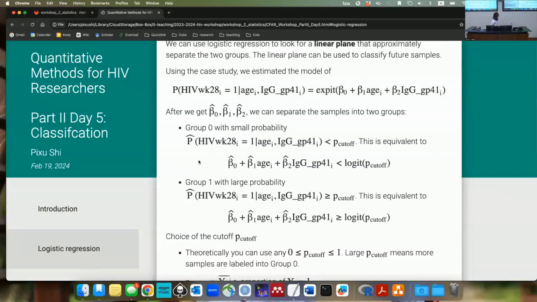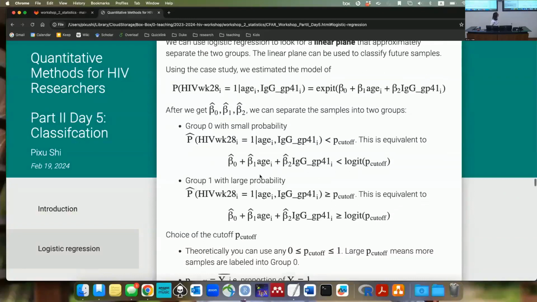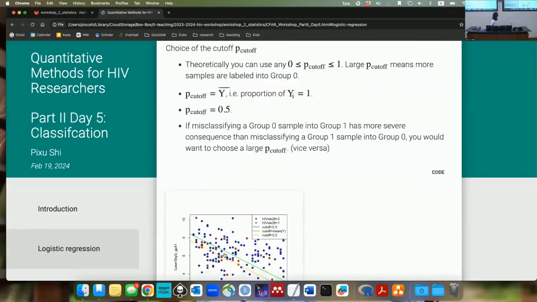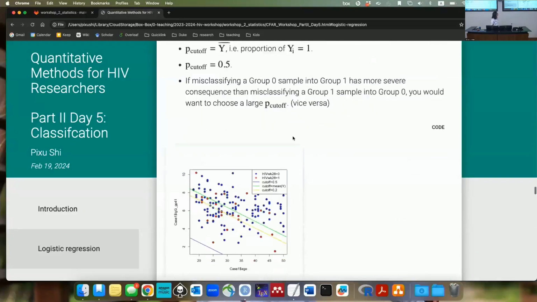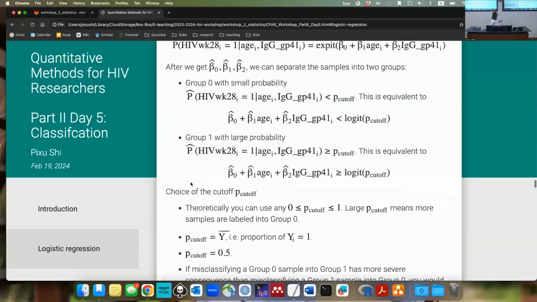So the way to look at the direction on the hyperplane is to look at the sign of the coefficient. Normally you wouldn't be asked to generate something like this and visualize it. You only need to know that if your beta 1 is positive, then increasing your age will increase your chance.